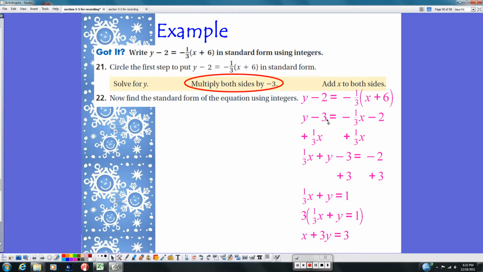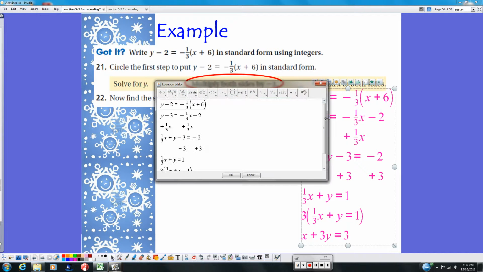I don't know where this 3 came from, that should have been a 2. That should have been a 2 here, and here, and here, and that would give us a 0 here, and here.